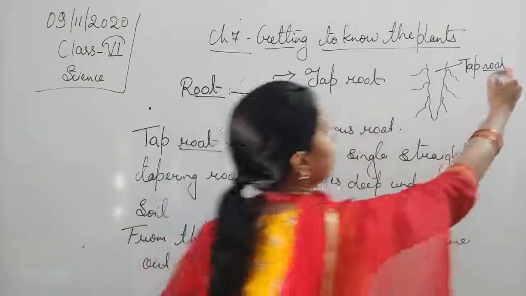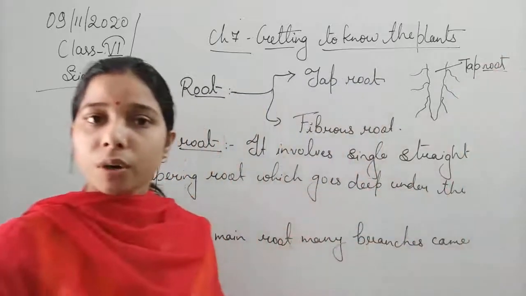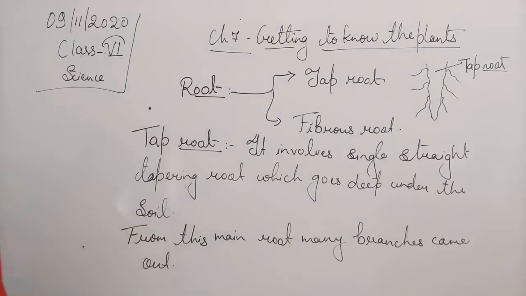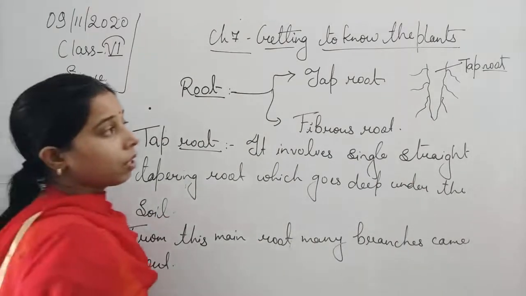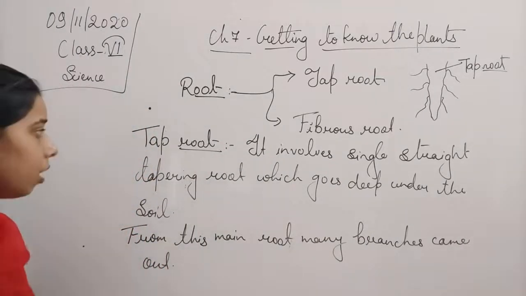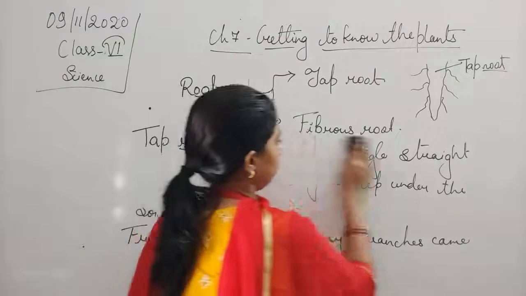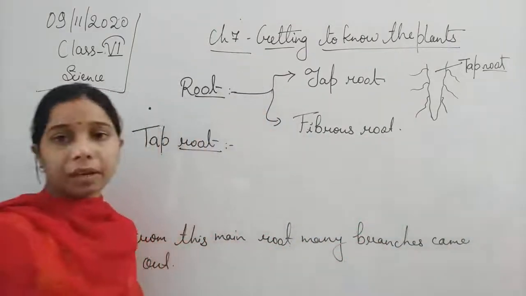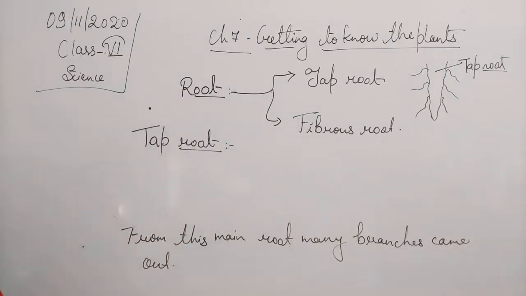That is known as a taproot. Okay, so this is the taproot. Now you see, the other branches are known as lateral roots. We can also say that this taproot is also divided into two parts.